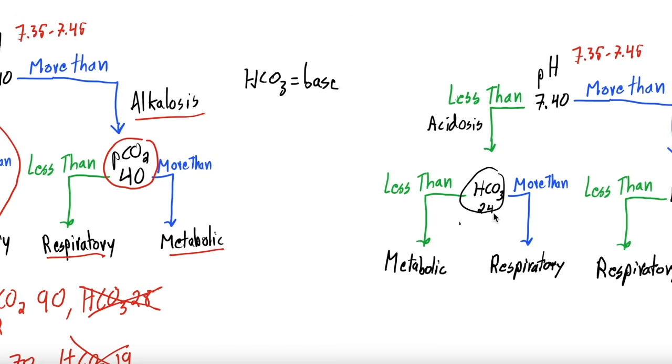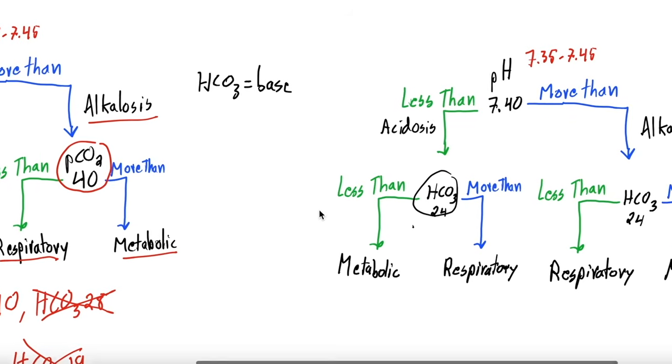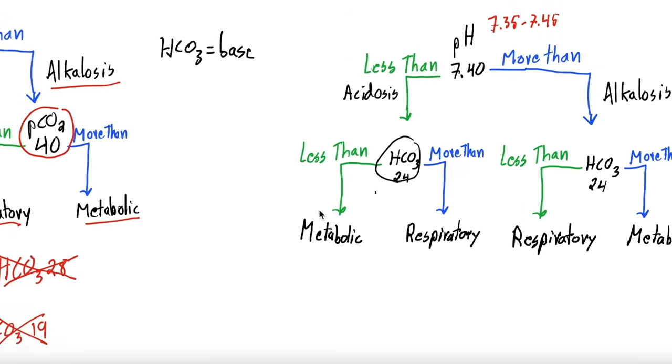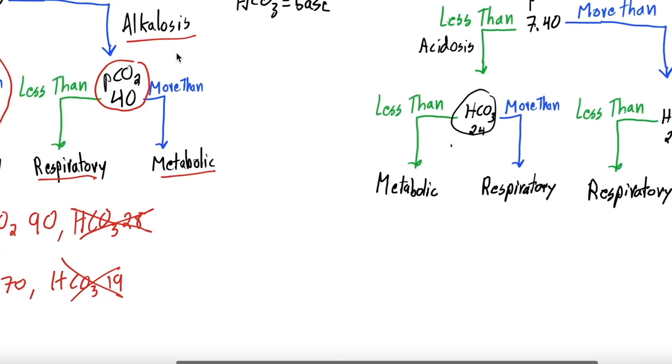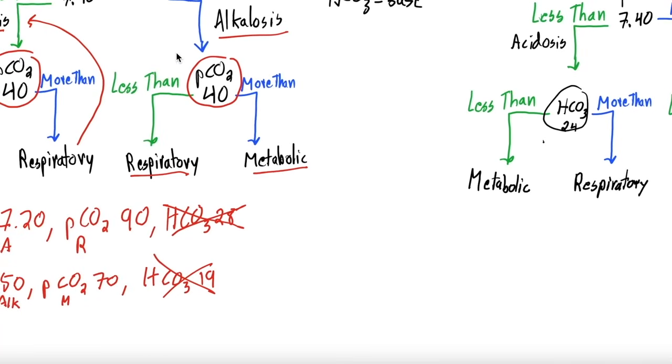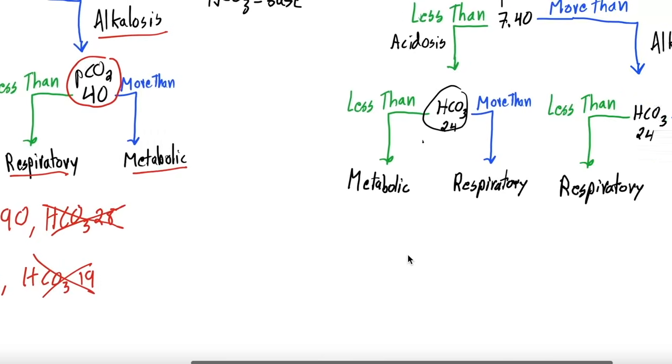So that would mean that your bicarb is compensating for a respiratory acidosis. We don't want to leave you on a cliffhanger, but we're going to talk a lot about compensation in future videos, so we'll probably leave this there. But I guess here we can do a few more examples, just these examples over here, but using bicarb rather than PCO2.